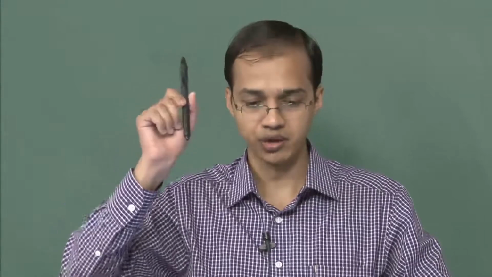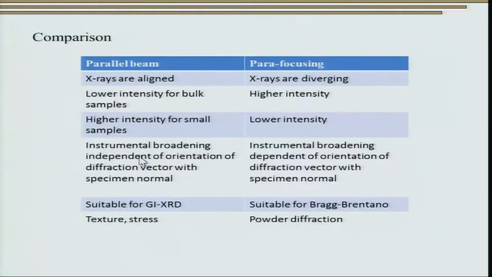So, you can imagine that in order to get good diffraction data, in such a case the most important thing is to use a parallel source or a parallel beam geometry, and therefore, almost all thin film measurements, crystallographic texture and residual stress measurement are carried out using parallel beam geometry, and this is what is mentioned in the last slide.